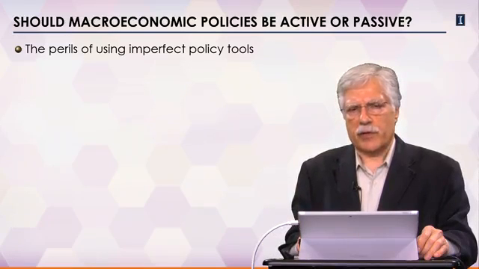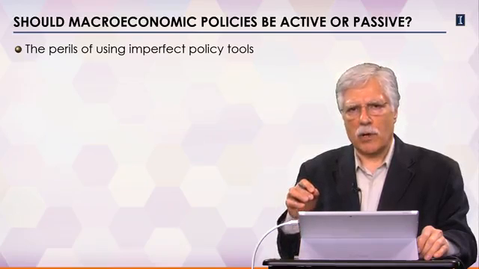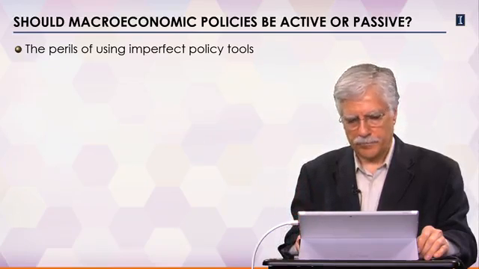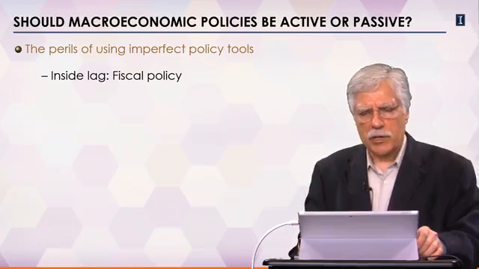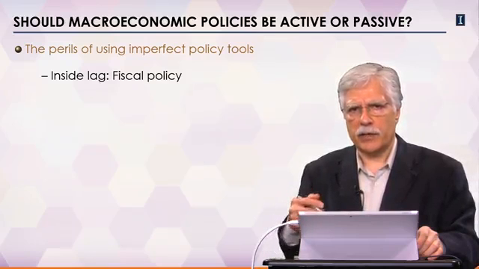Policy tools are imperfect for many reasons, and therefore it may not be a good idea to use them on a regular basis as active policy in response to small shocks. A major problem with fiscal policy is that it takes a long time before the policy is put into effect.